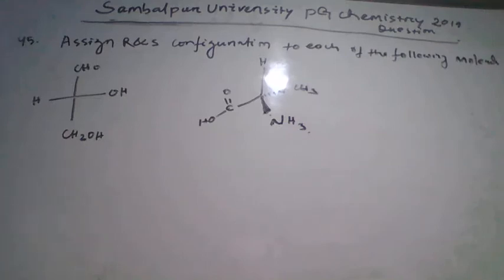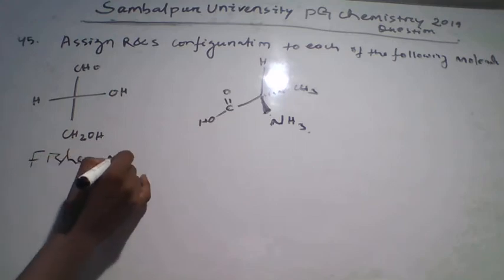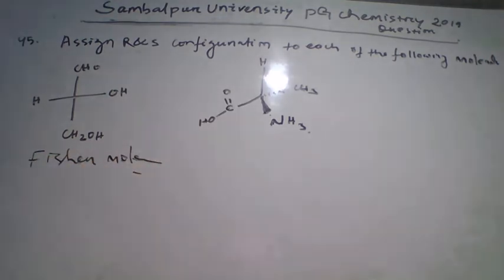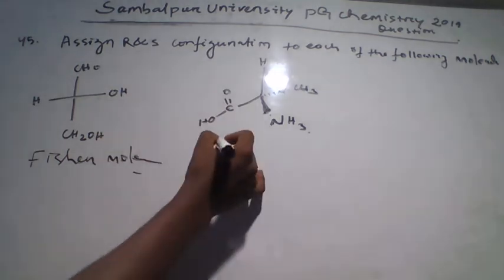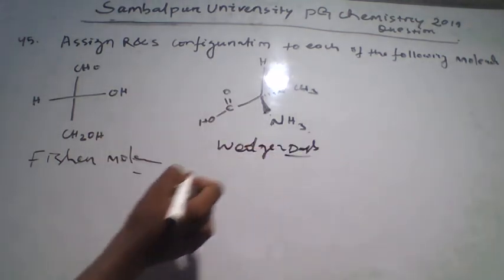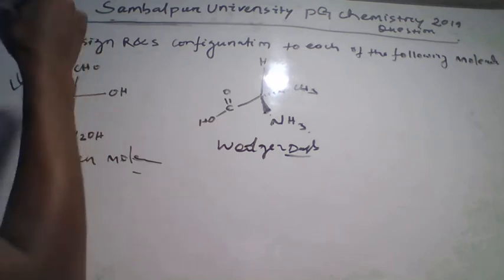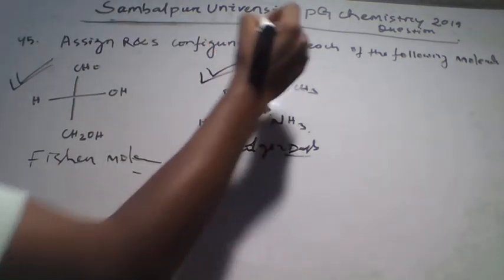See the next question, question number 45. Assign RS configuration to each of the following molecules. This is your Fischer projection formula for the molecule, and this is your wedge-dash molecule. Before assigning RS configuration, you have to remember a separate rule for this one and a separate rule for this one.